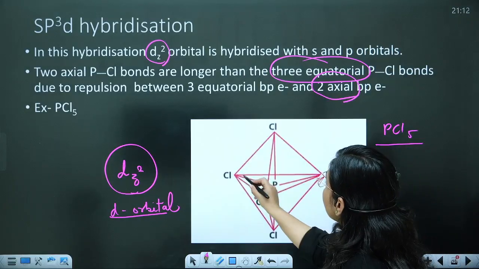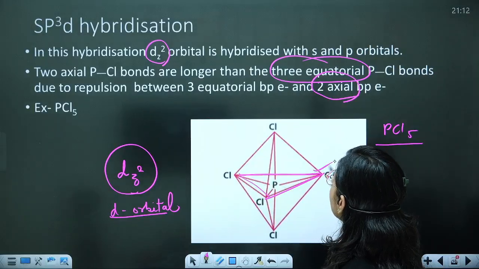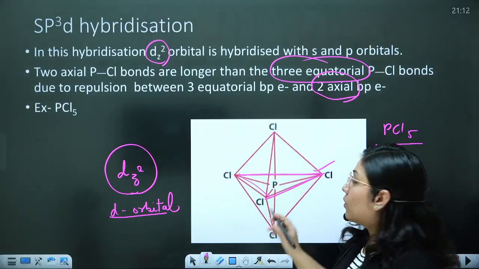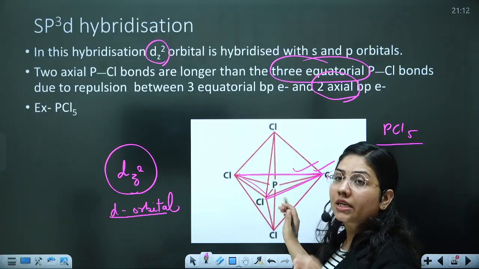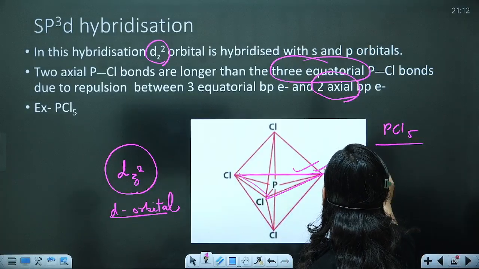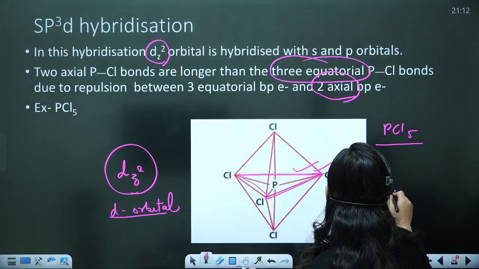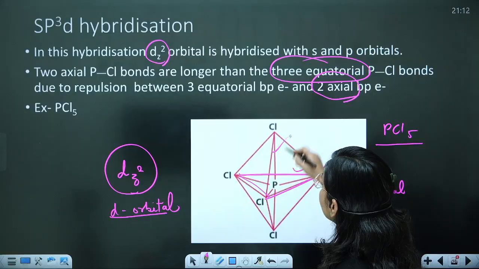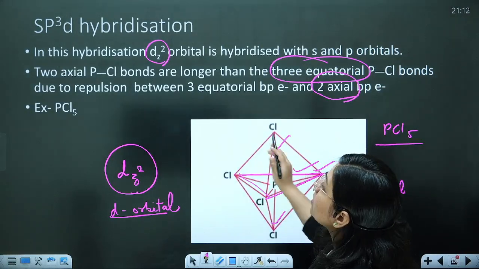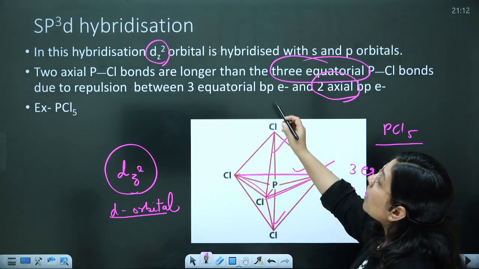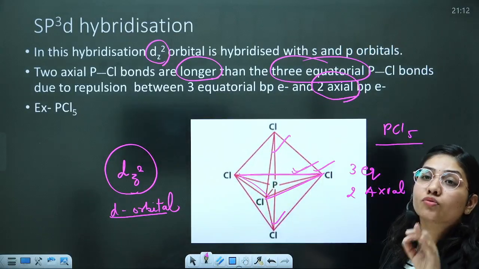See, these bonds, just like an equilateral triangle, okay, these bonds are called equatorial bonds. There are 3 equatorial bonds and there are 2 axial bonds. What is different in these 2 bonds? Okay, here these 2 axial P-Cl bonds are longer and these bonds are shorter.